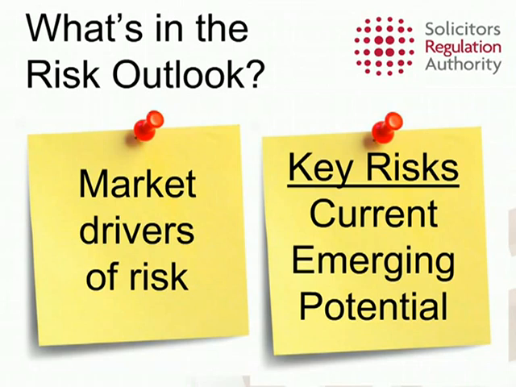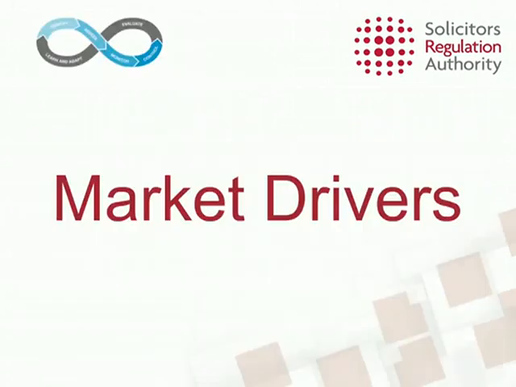Before we begin, just a quick note that we'll be using the term firms to denote those entities delivering legal services, whether they are individuals in sole practice or larger firms, and whether they are solicitor-only firms, alternative business structures, or in-house providers. I'm going to hand you over now to Tim, who's going to give you a summary of the market drivers of risk.